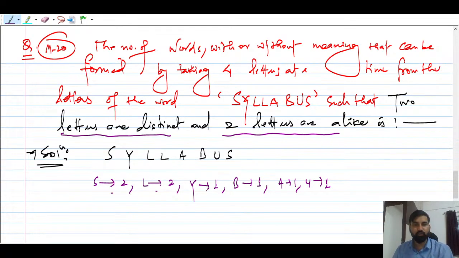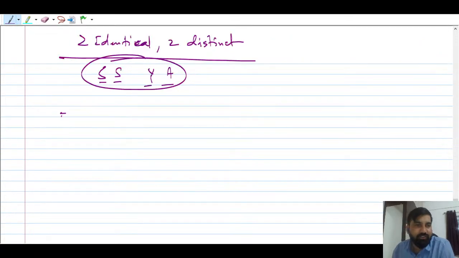So 1 2 3 4 5 6, right? What do you have to do first? Can somebody tell me what is going to be here? Two identical, two distinct. Can you tell me the combination and permutation, how we are going to permute?